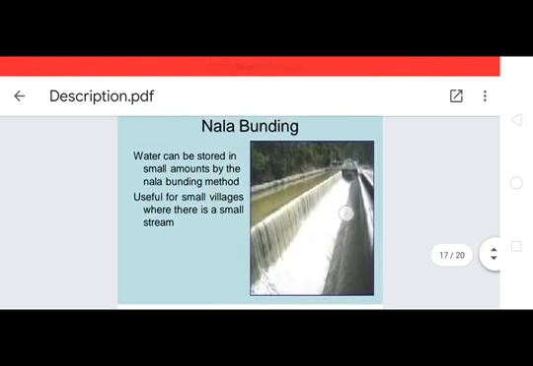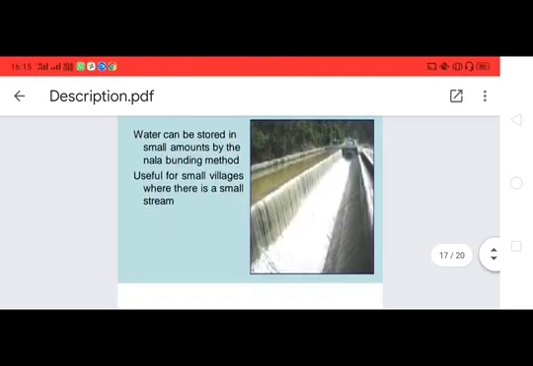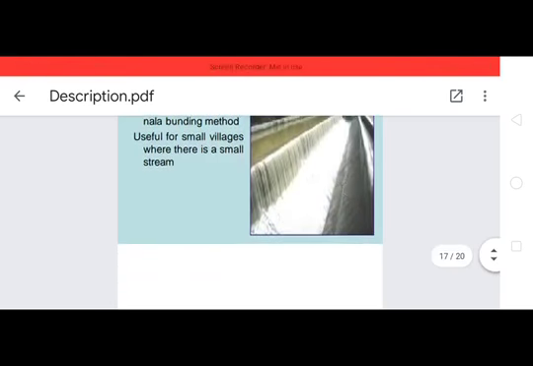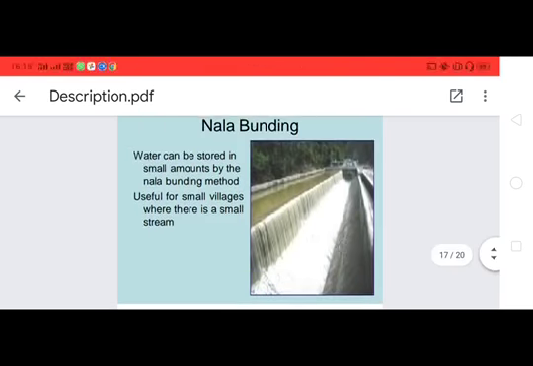This type of artificial catchment area is introduced to mitigate the failure of catchment.